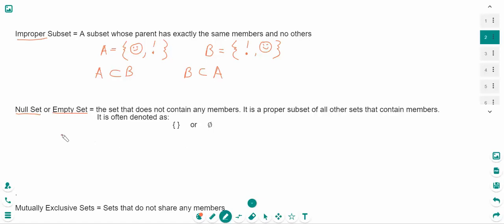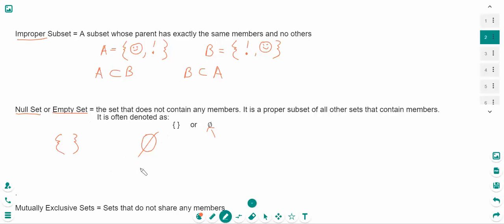It's just a set that does not have anything in it. There's nothing in there. It's the empty set. It's exactly what it sounds like. And it's usually denoted by these two curly braces with nothing inside. Or sometimes, as you see in the symbol here, it can be written as kind of a zero with a slash through it. Okay? Whenever you see that, that is denoting the empty set.